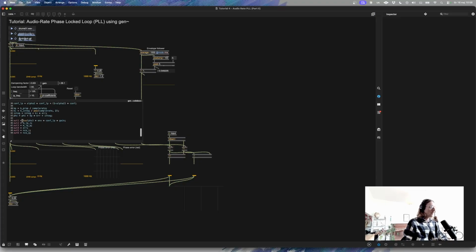So we can, for example, do wave shaping of this cosine. And one way to do this is with the tangents function.